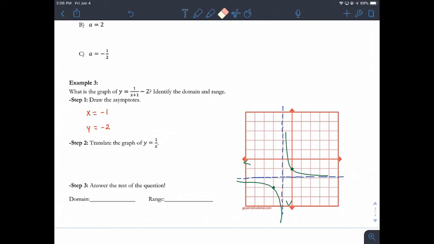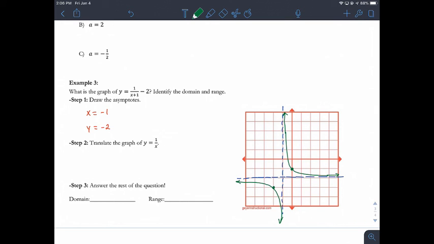So we want to include these arrows on the ends of our lines, and we can actually even increase the distance of our lines here, never crossing those asymptotes.